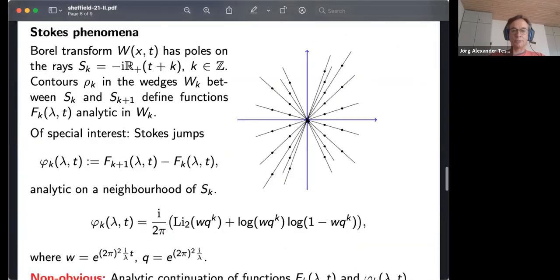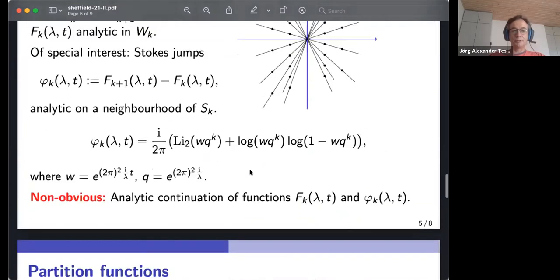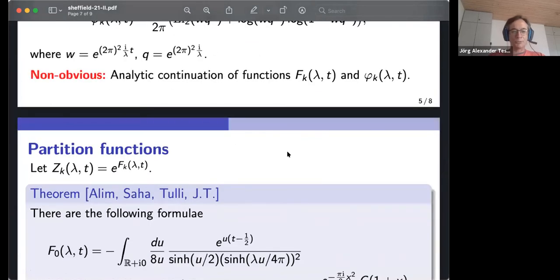Whenever you stay in a wedge, you get nice analytic functions, but of course you get different analytic functions for each wedge. The jumps across the wedges are computable once you have the Borel transform. Here's the formula, and this should already ring a bell: this combination of dilogarithm with some logs we've seen before. But we can make it more beautiful.